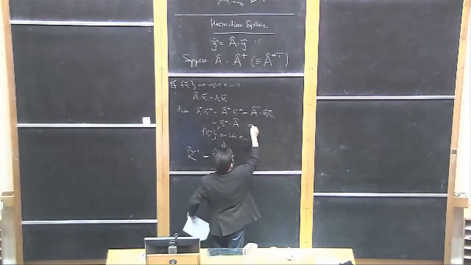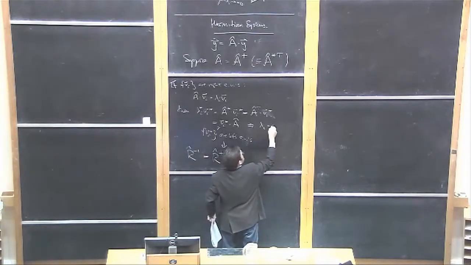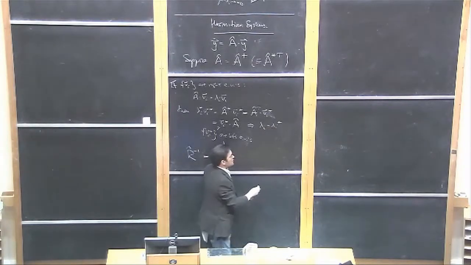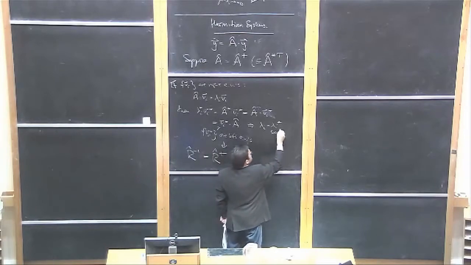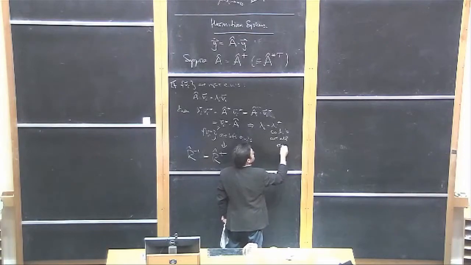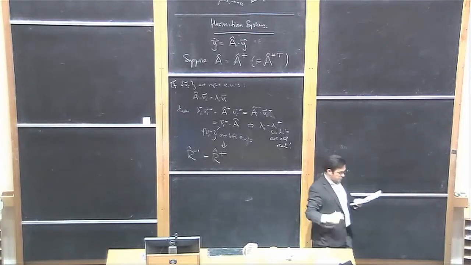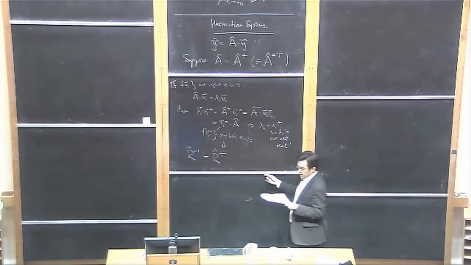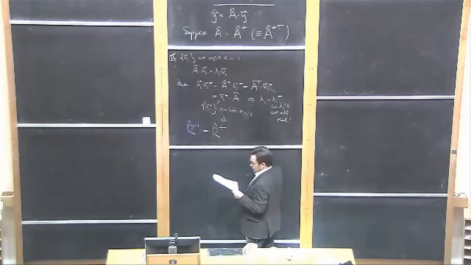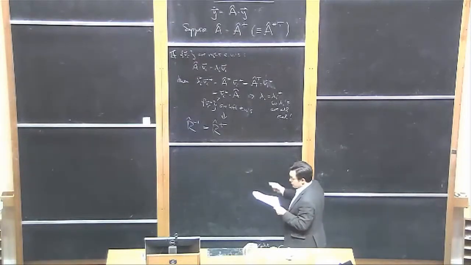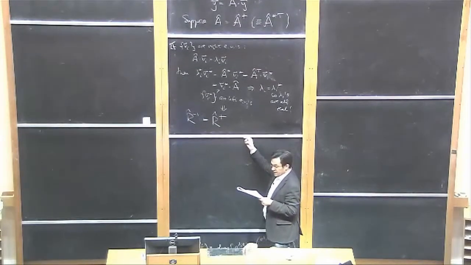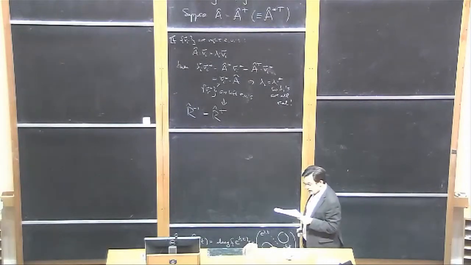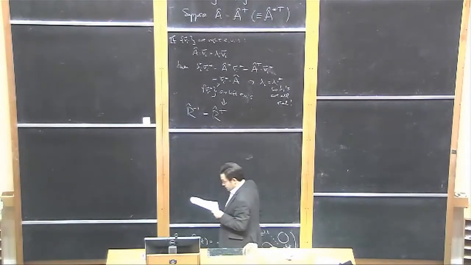That means that lambda i is equal to lambda i star. So the lambda i's are all real. That you probably already know, that the eigenvalues of a Hermitian matrix are all real.